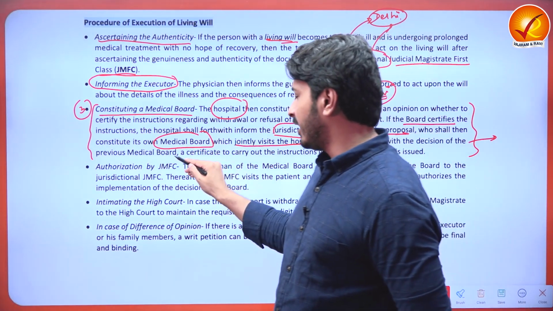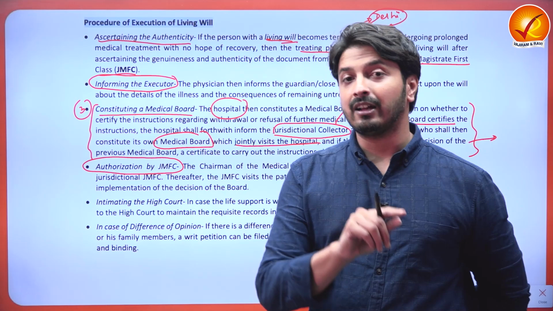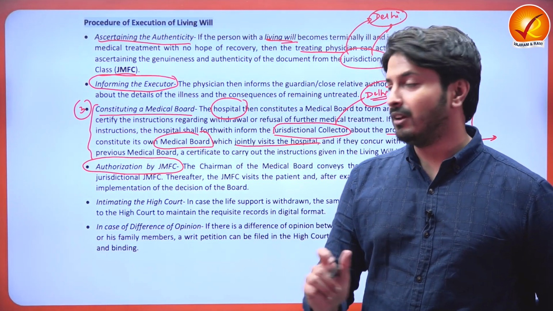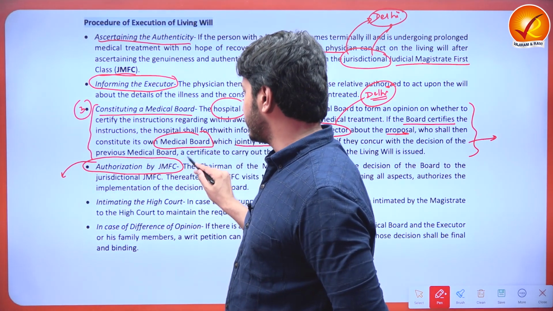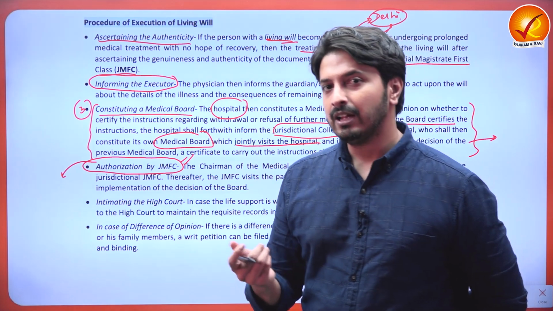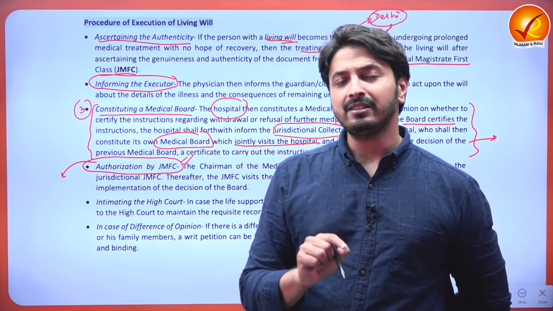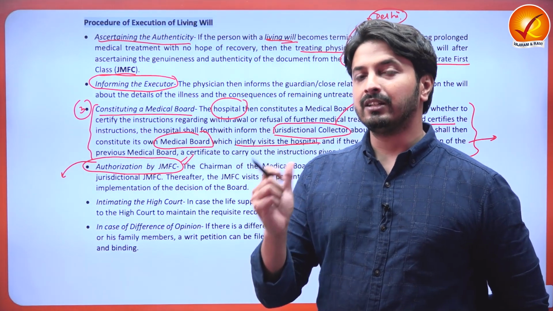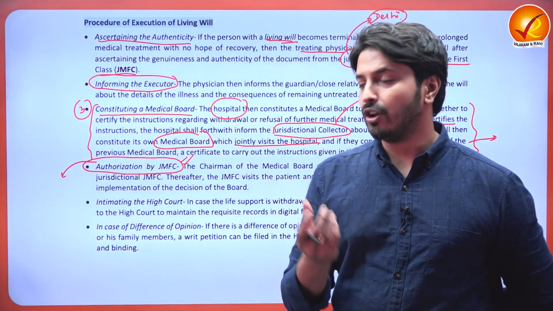And apart from that, the medical board created by the collector of that particular jurisdiction will inform the judicial magistrate of the first class about the medical certainty of that particular individual's issue. This judicial magistrate of the first class will again visit the patient and see whether the individual is actually facing the similar terminal ill situation or not.